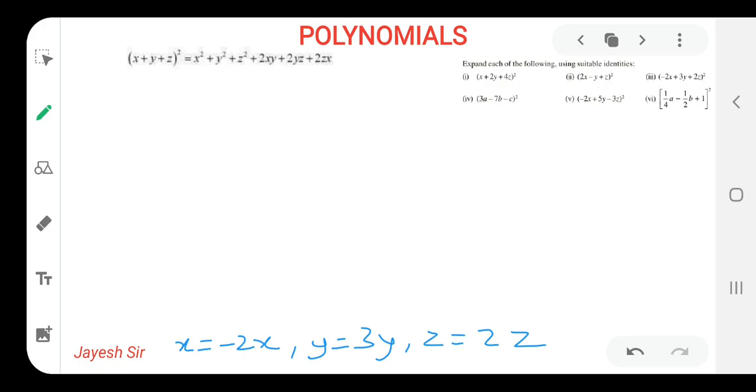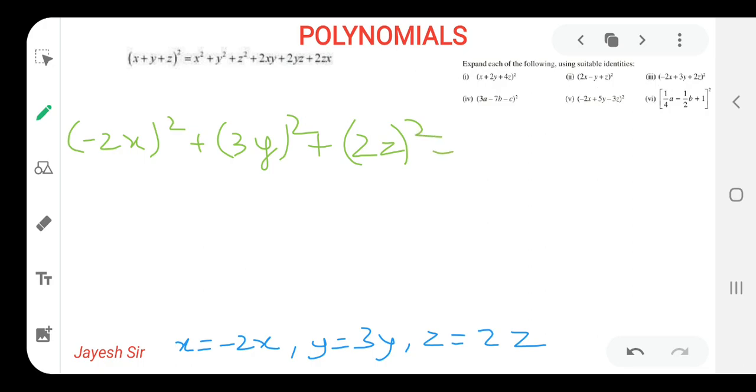Yes, we have to just put the value for x, y, and z in the formula. Value for x is -2x the whole square, plus value for y is 3y. We'll put 3y the whole square. Value of z is 2z the whole square plus 2. As per our formula, value for x is -2x, and value for y is 3y.